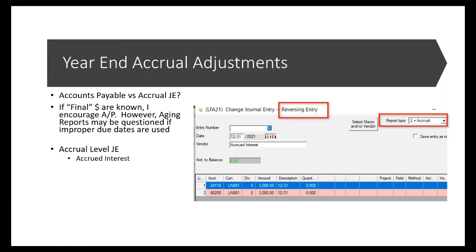But if final dollars are known for these year-end adjustments, property taxes would be an example where we know the final dollars. I encourage putting those on as accounts payable because they need to stay there, and you'll have them available when you do your property tax payment.